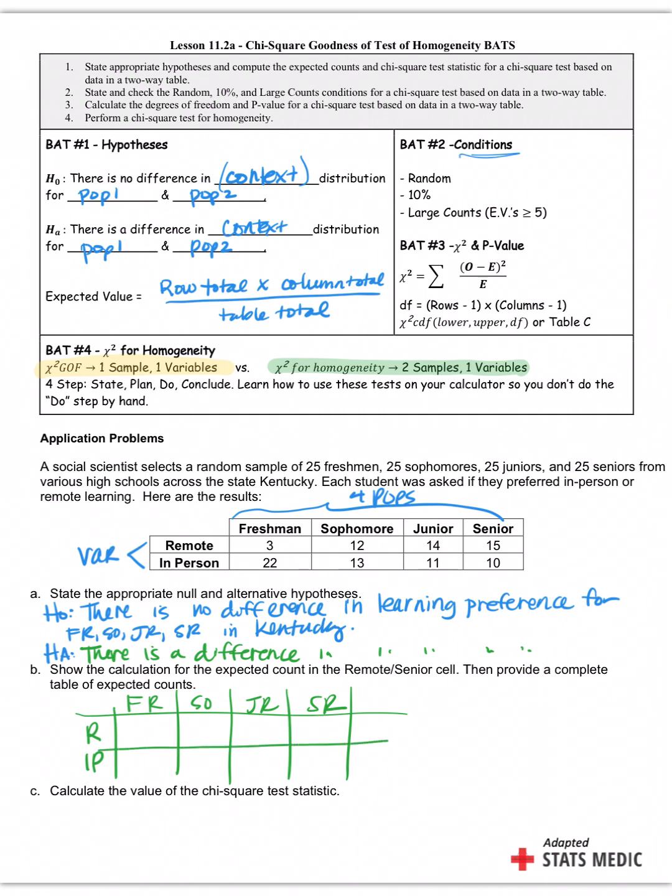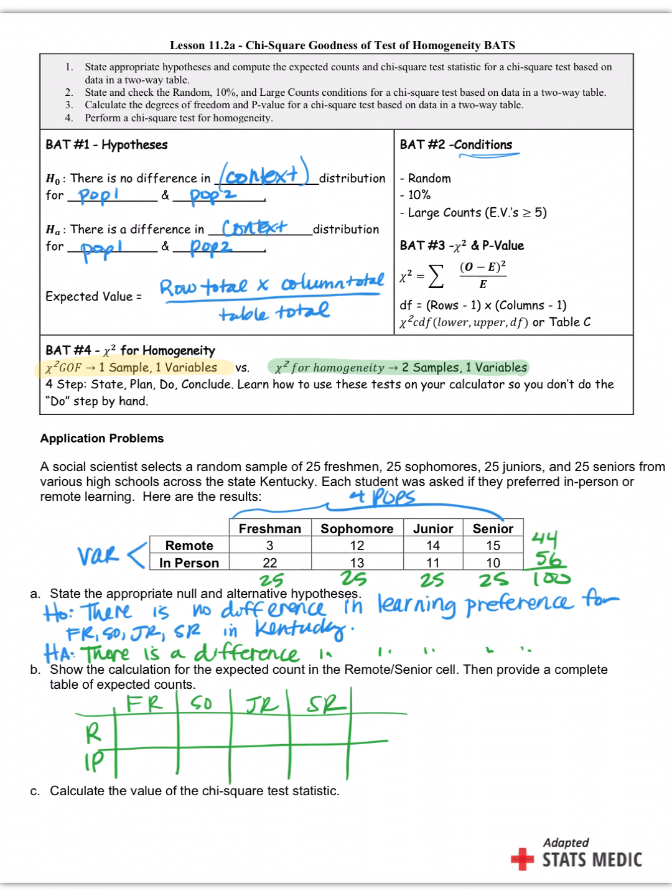Now, they were not very kind to us. They did not total this up for us, but we can do this. Because they told us it's 25 in each class, right? That gives us a total of 100 in the table. So really it's just a matter of totaling our rows, and that comes out to 44 remote, 56 in person.